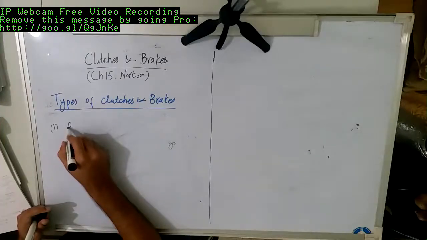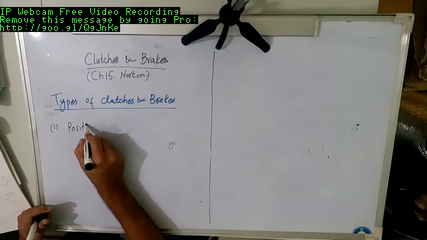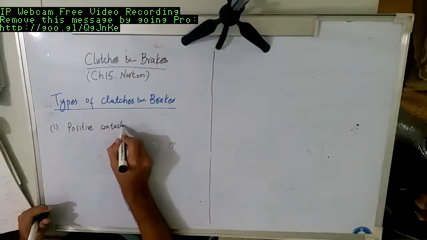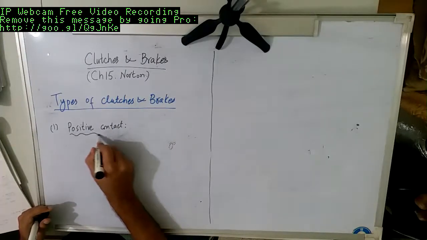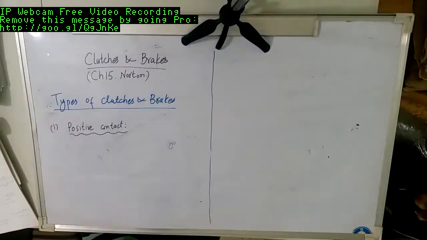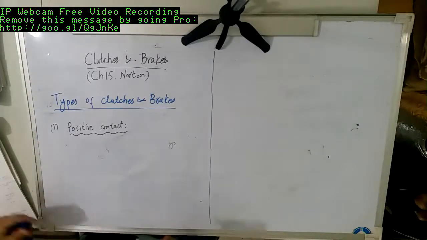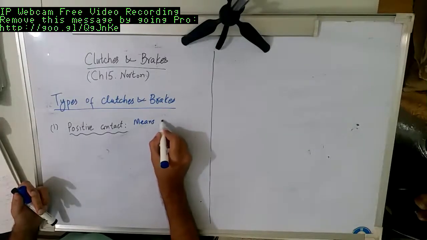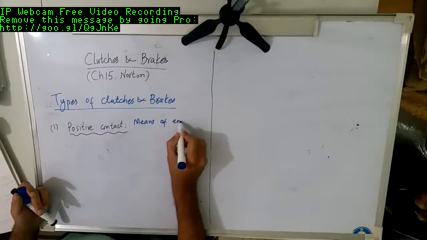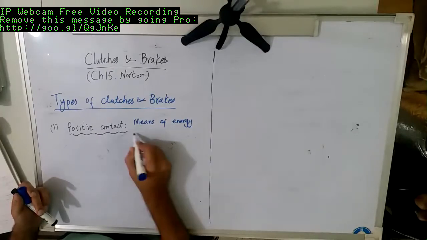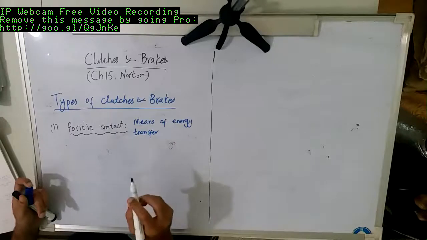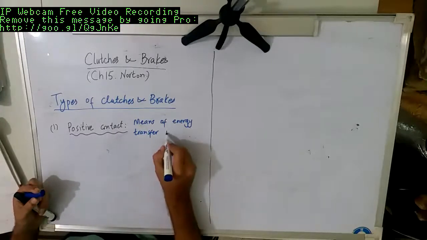The first one is the positive contact clutch. So in this case, the means of energy transfer is mechanical contact.